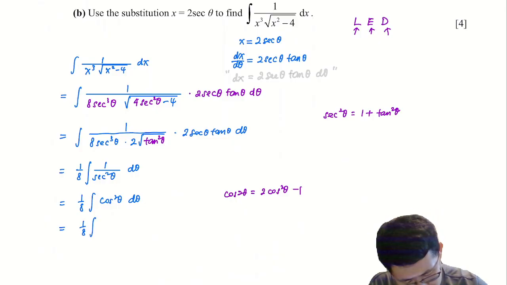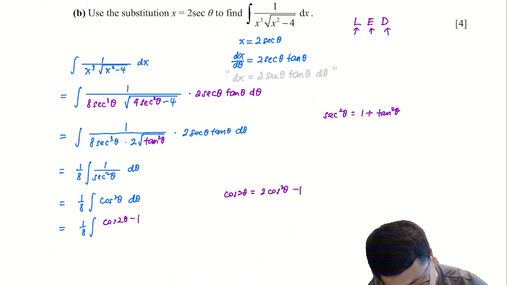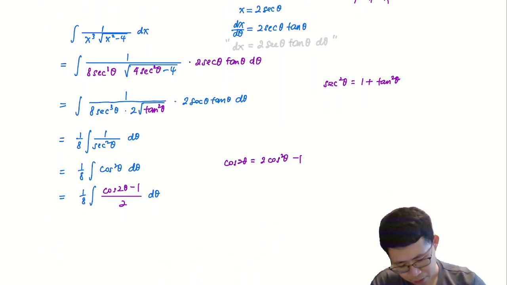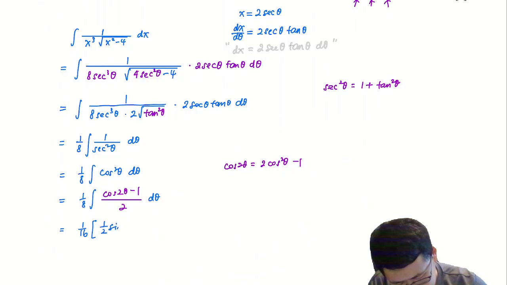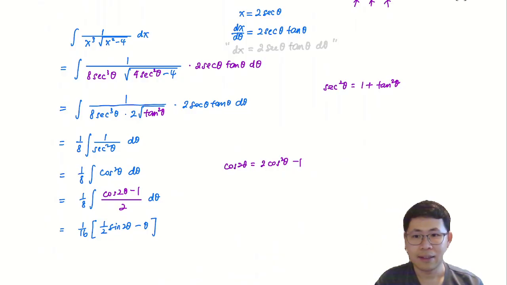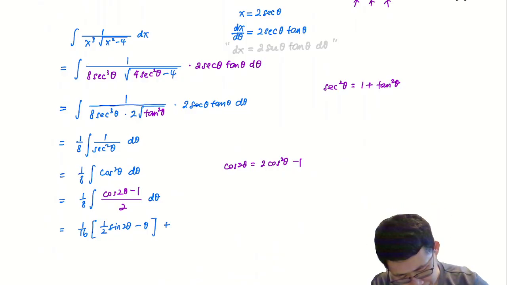Okay, so this one would be cosine of 2 theta minus 1, over 2, then d theta. Okay, so with this, I pull out the 2, I get 1 over 16. So integrate cos 2, I will get half sine 2 theta, then minus theta, and plus c.